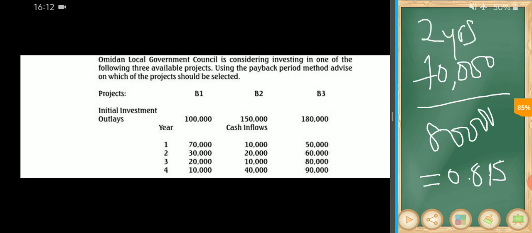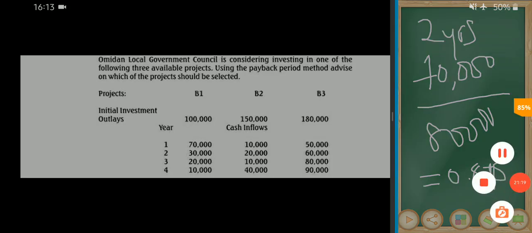This 0.875, you cannot put it like that because it is not in months. So you have to convert it to months. How do you convert it to months? You simply say 0.875 times 12. By the time you multiply it by that, we have 10.5. So you can say you recoup your money in 2 years, 10 months.